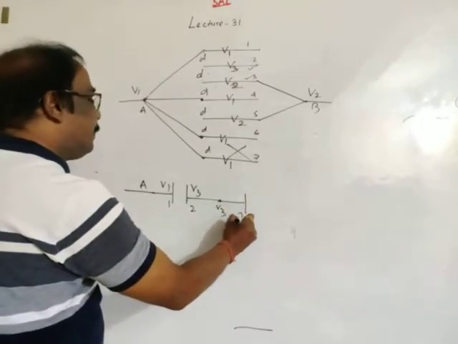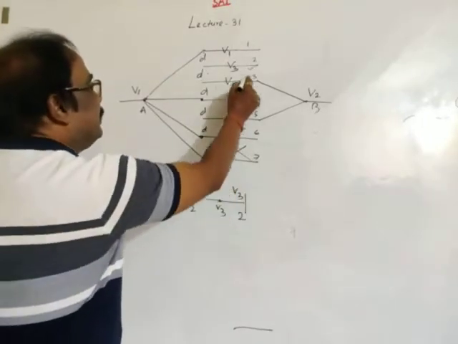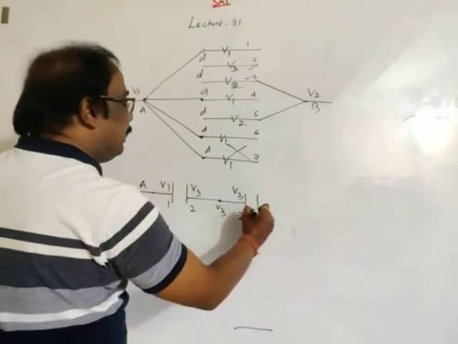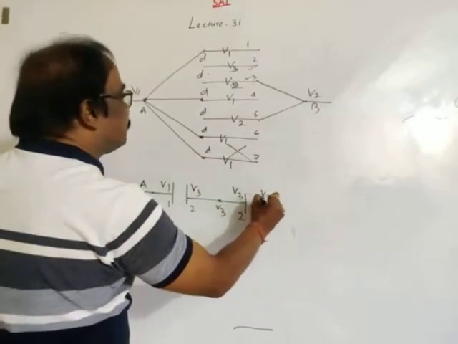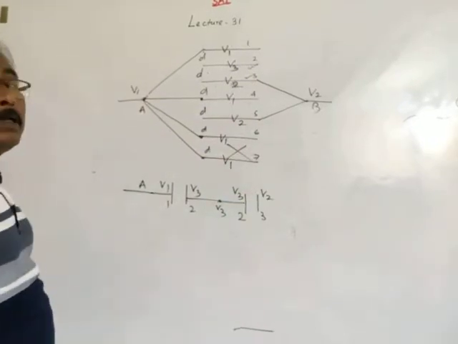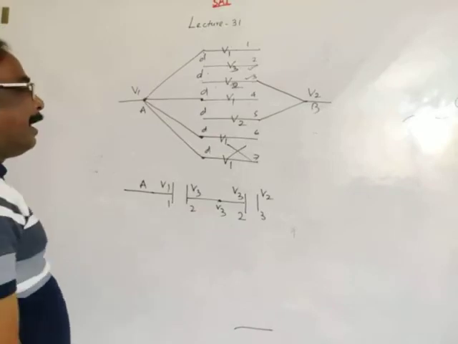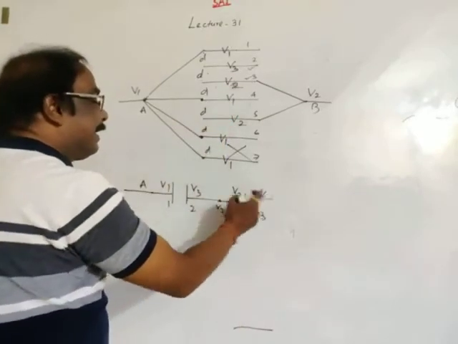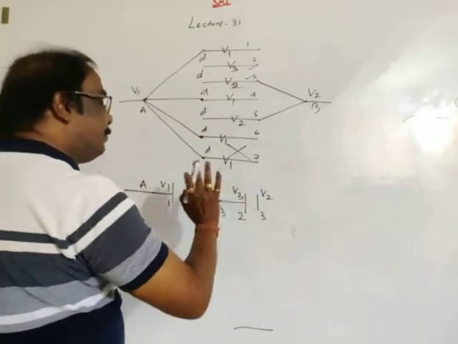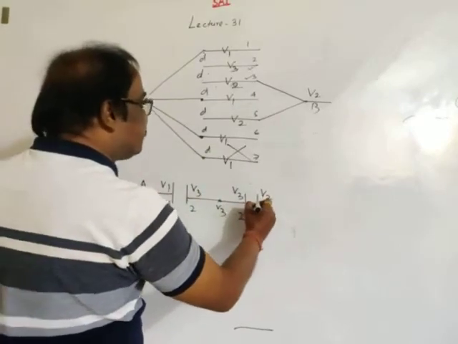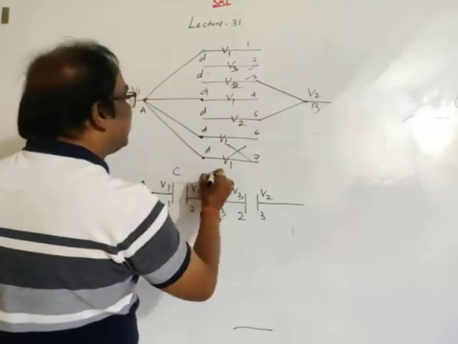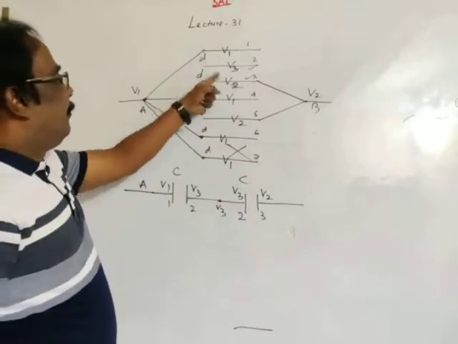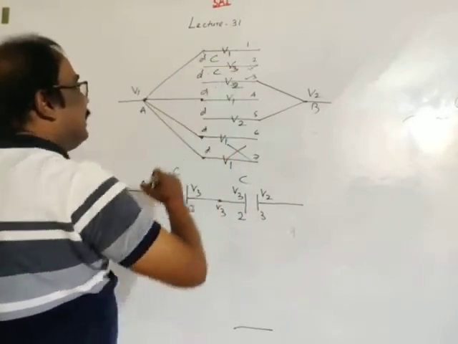Plate 2 is at potential V3, plate 3 is at potential V2. If V2 is taken as 0, then V3 is greater than V2. So these two, C and C, and these two we have taken, C and C.